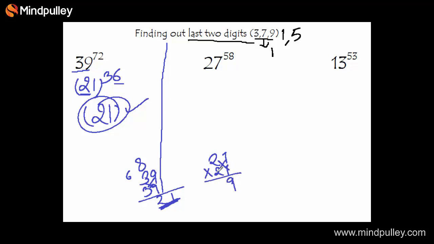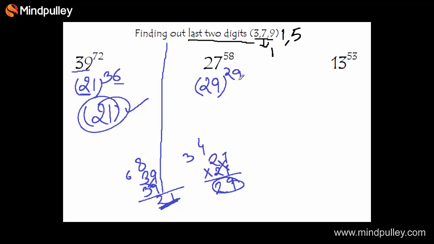Next step is cross multiplication. 2 times 7 is 14. 14 plus 14 is 28. 28 plus 4 is 32. 3 carry. What is the number next? That does not matter because we only require the last two digits, 29. We write 29 and half of power 58, that is 29.